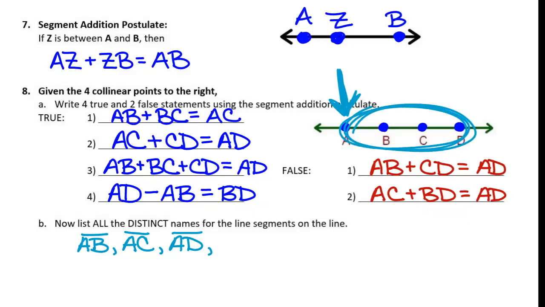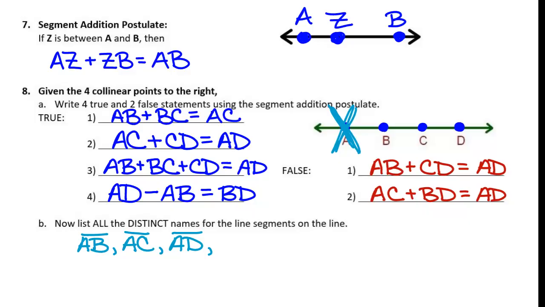Can I go past point D at all on the right? Not really. Can't go past point D. So now I've done all the points that I can that have A as an endpoint. So I'm going to ignore that one moving forward.